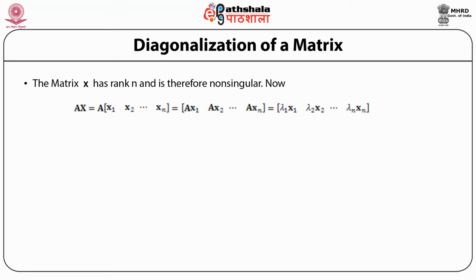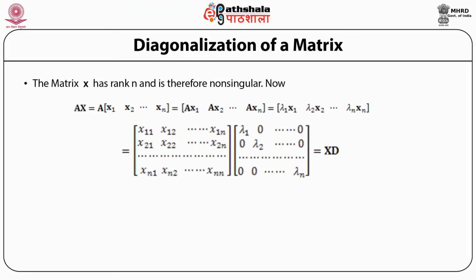So this can be expressed as the product of two n cross n matrices, where the first matrix has the first row elements being x11, x12 and so on till x1n, the second row elements being x21, x22 and so on till x2n, and the last row elements being xn1, xn2 and so on till xnn. The second matrix has the eigenvalues lambda 1, lambda 2 and so on till lambda n as the diagonal elements, and all other elements being 0. This is equal to matrix X into matrix D.